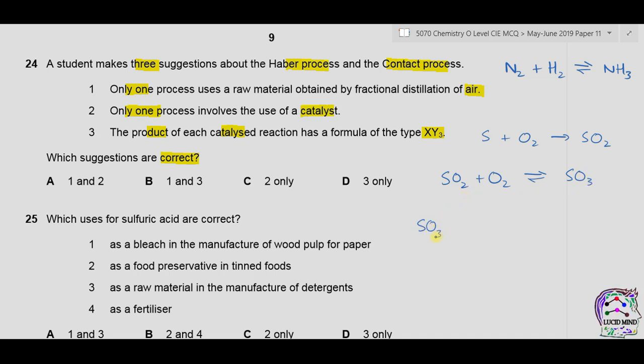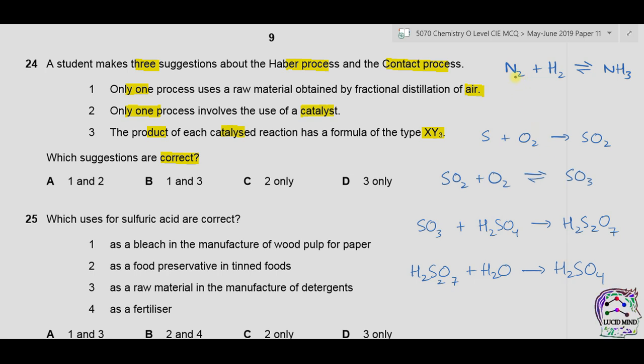Sulfur trioxide is then dissolved in sulfuric acid to form oleum, which is H2S2O7, and in the last step, oleum is diluted with water to form sulfuric acid.